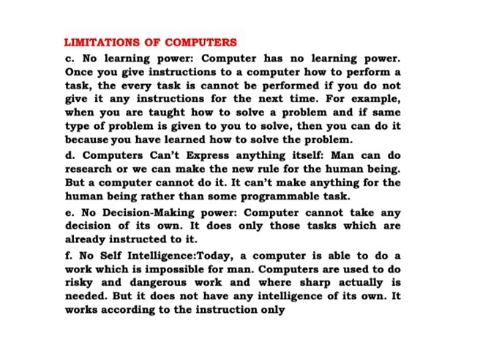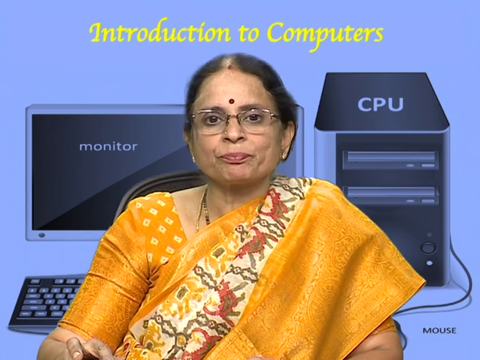For example, when you are taught how to solve a particular problem and the same type of problem is given to you again, you know how to use it, modify it, and work on it. Whereas the computer cannot understand these things, and will work in the way the instructions have been given. It does not modify or think by itself.